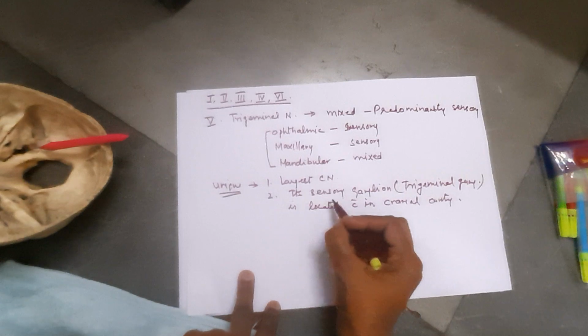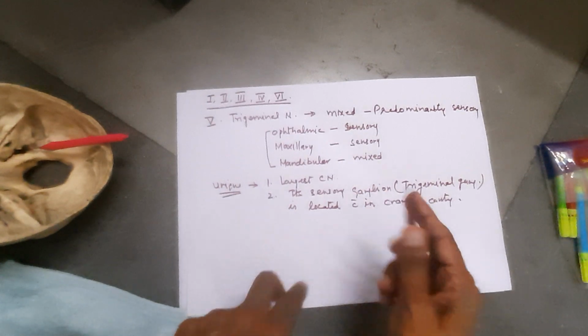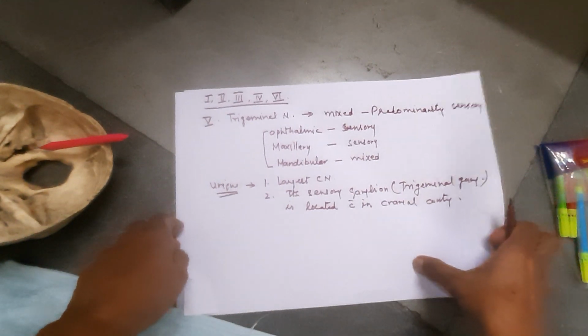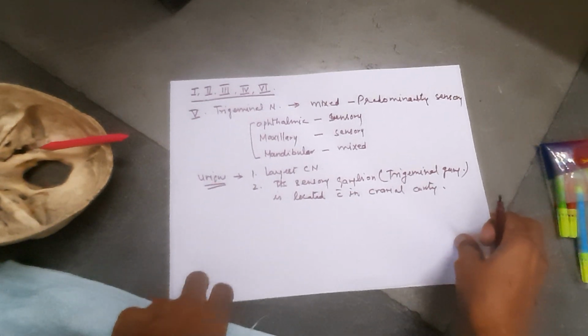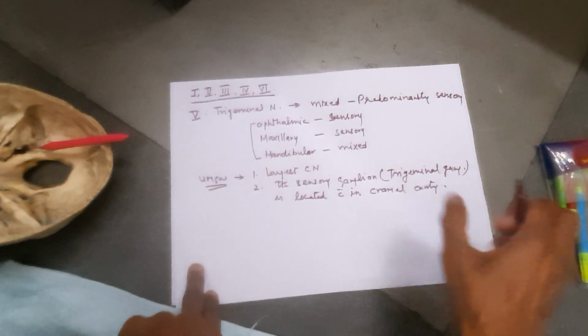Otherwise all the sensory ganglions are located outside the cranial cavity. This nerve's sensory ganglion is located within the cranial cavity in the middle cranial fossa.